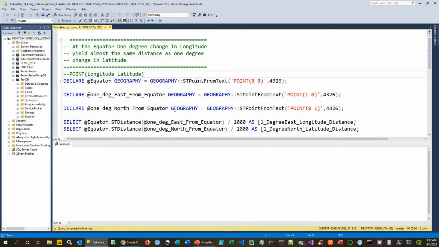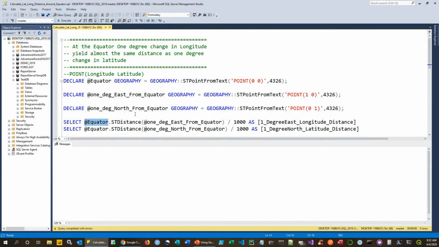And then I do 1 degree north from there, and because it's north, I want to stay at the prime meridian, so I leave the longitude at 0, but I go 1 degree north because latitude north of the equator is positive. So I do 1 degree here, okay? And then I can do my calculations by creating these two geography objects.